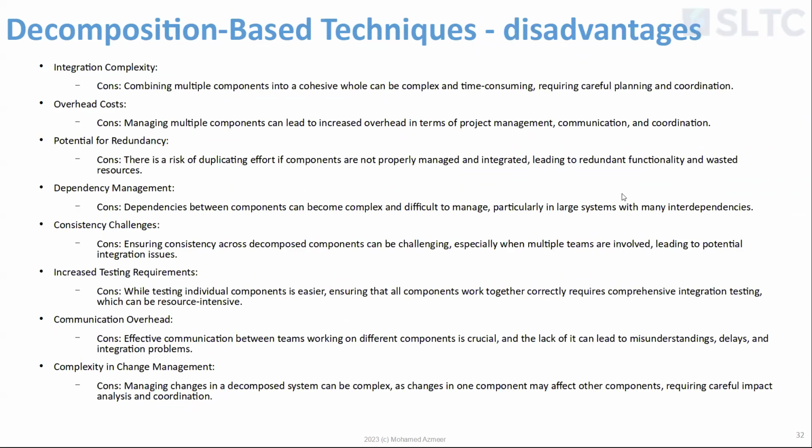So what are some of the disadvantages of this? We looked at the advantages. What are the disadvantages? Number one is complexity. Combining multiple components into a cohesive whole can be complex and time consuming. Although we say write small components separately, if you design it properly, it's okay.